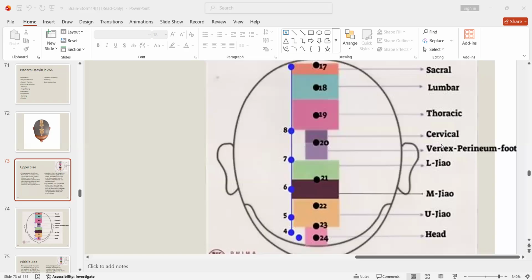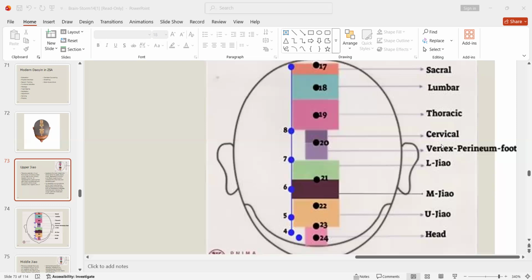Okay. Then the next area starts from DU23 and goes to DU21.75, meaning there is a difference between DU21 and DU22.